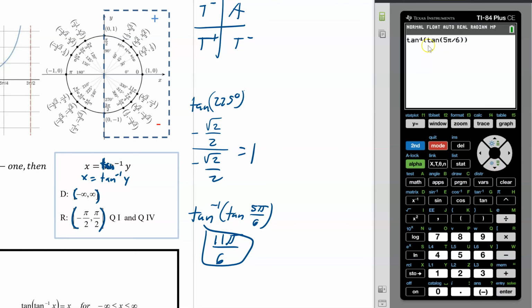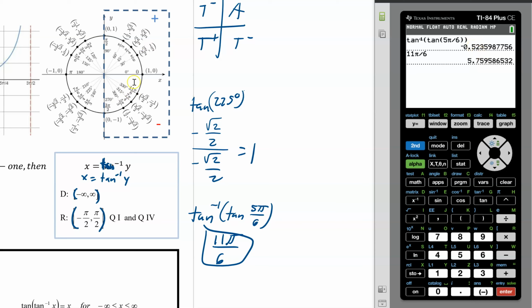So inverse tangent of tangent 5 pi over 6, you hit enter, and it gives you this, right? And so we now just plug in 11 pi over 6, right? And it gives us this. And you're like, well, wait, that's not the same. This is a negative. This is a positive.